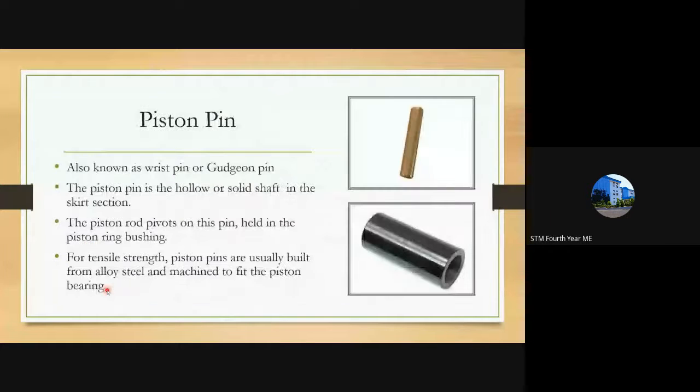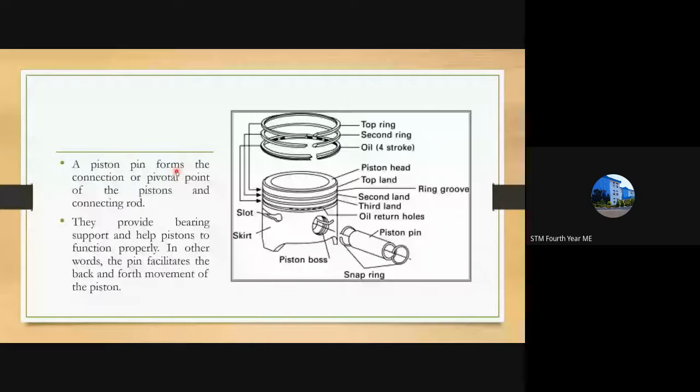Next component is the piston pin. You can see here, this is the piston pin. Where does the piston pin go? The piston pin goes into the piston hole, which is called the piston boss, and through that the piston pin is connected. What is the purpose of the piston pin?